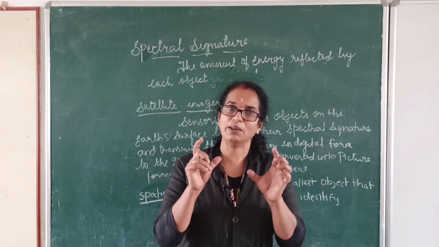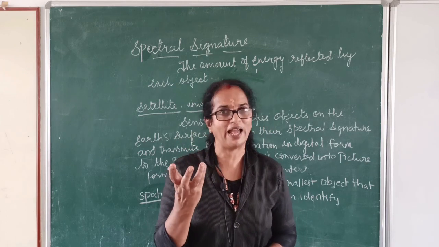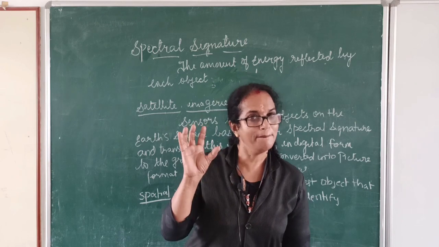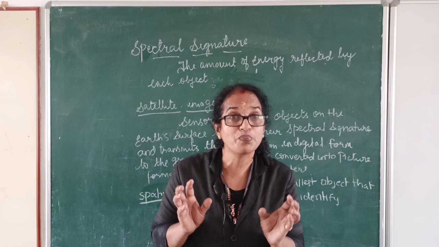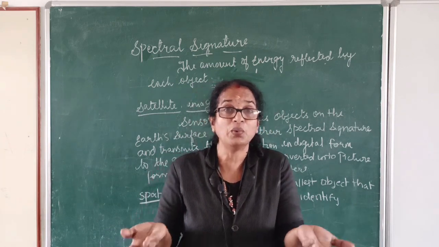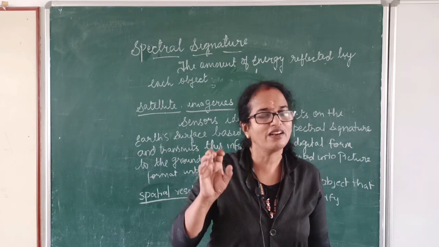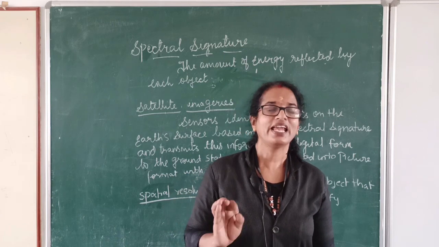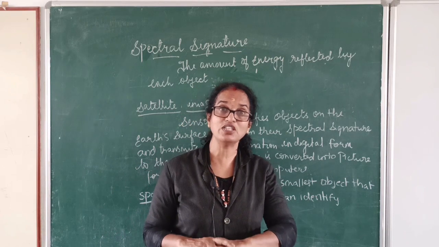For example, if we take a plant, any plant, the amount of energy reflected by that particular plant is called the spectral signature of that plant. We don't know how much it emits or reflects. So the amount of energy reflected by that particular object is called the spectral signature of that object.